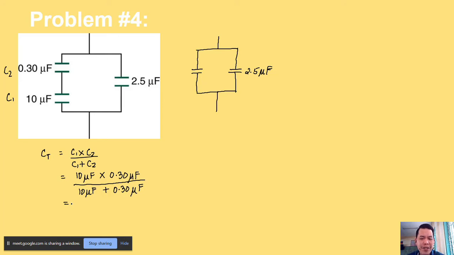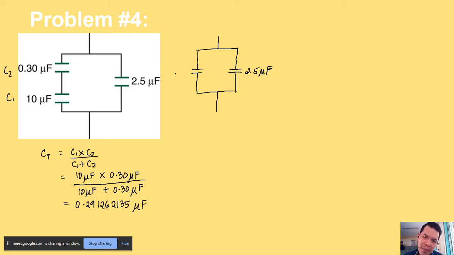Using your calculator, let's perform that expression. 10 times 0.30 divided by 10 plus 0.30. Answer for this is 0.291262135 microfarad.